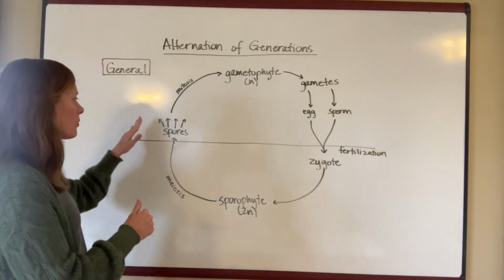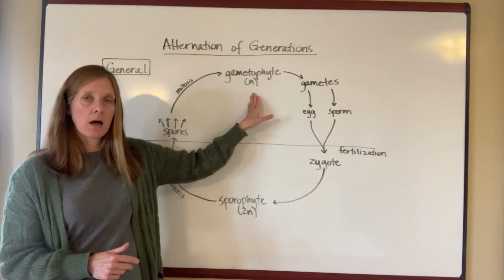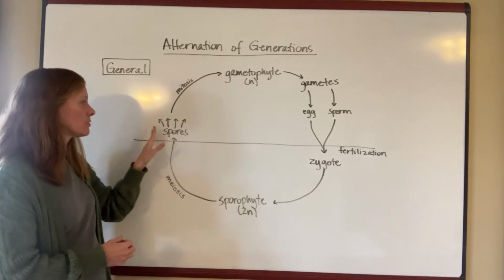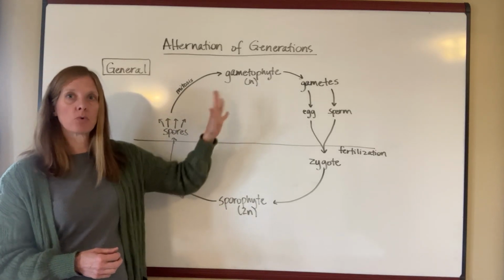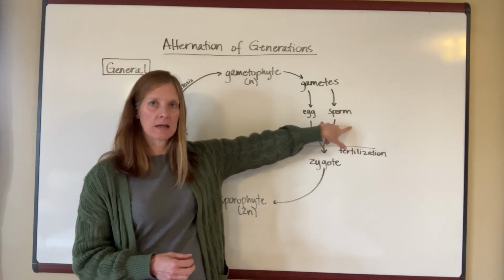But we've already got spores, which are already haploid in the number of chromosomes that they have. And so since they're already haploid, they're going to go through mitosis and just make more copies of themselves. And then some of those will develop into the egg and the sperm.